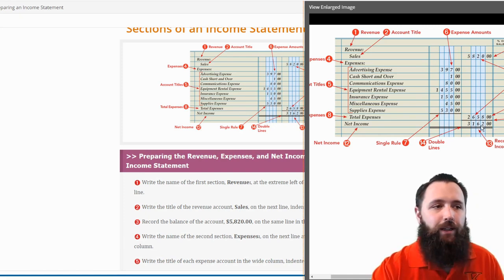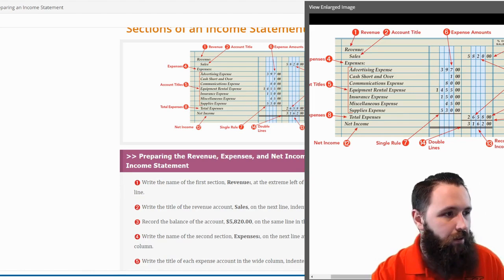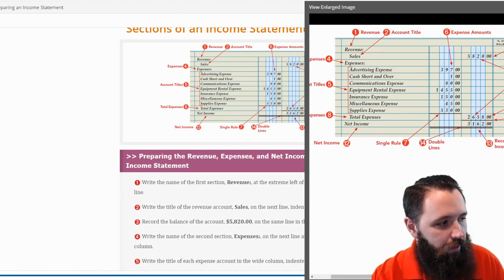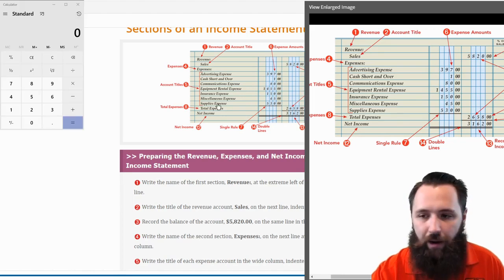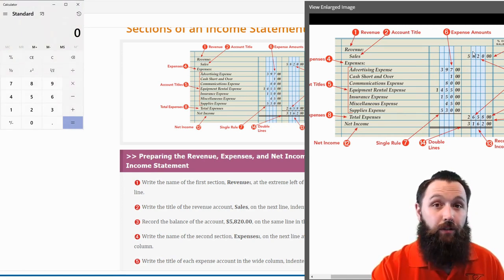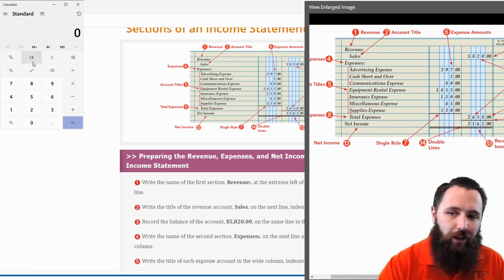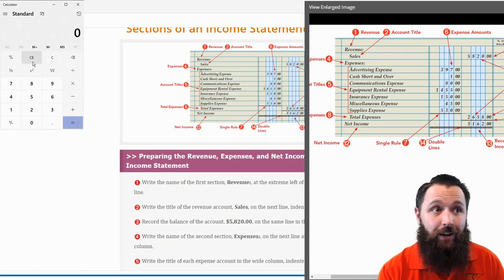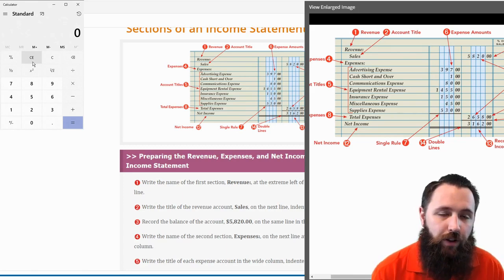And then from here, we need to calculate out our net income, right? Let me just pull up a calculator real quick. Okay, so how do we calculate our net income? We're going to take the difference between sales and total expenses. Now, is there more sales than expenses? Yeah, there is, right? 5,820 in sales, $2,658 in expenses.